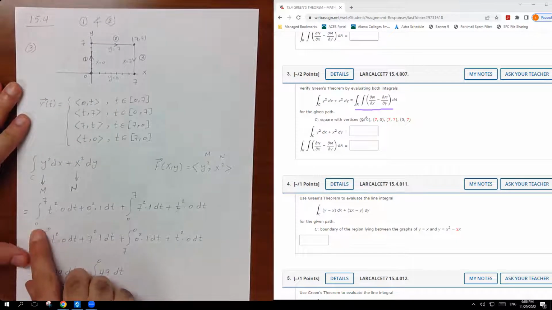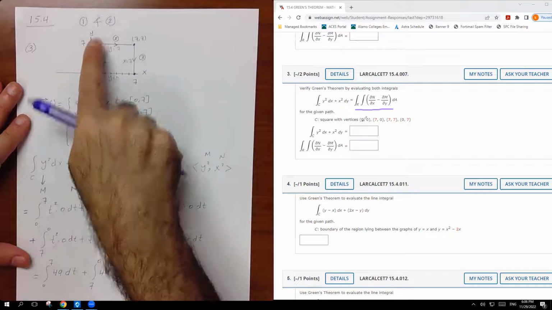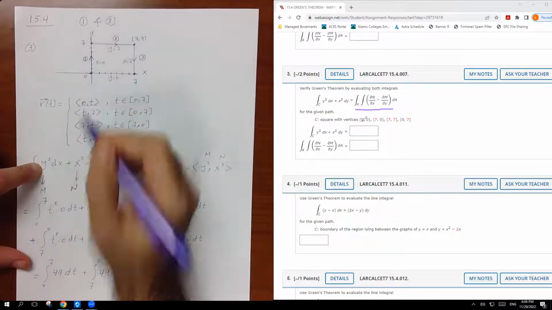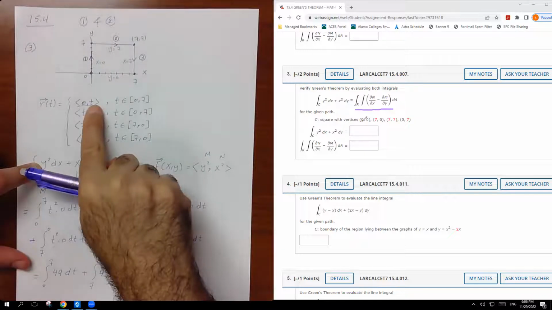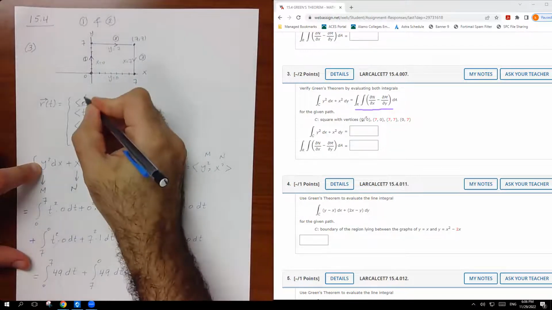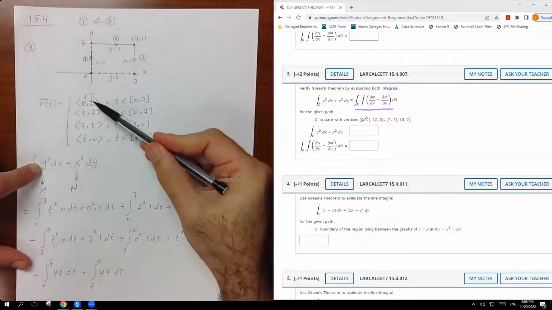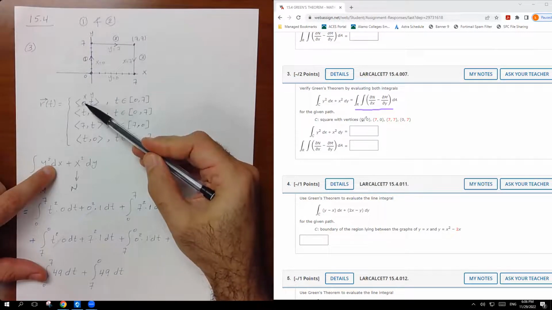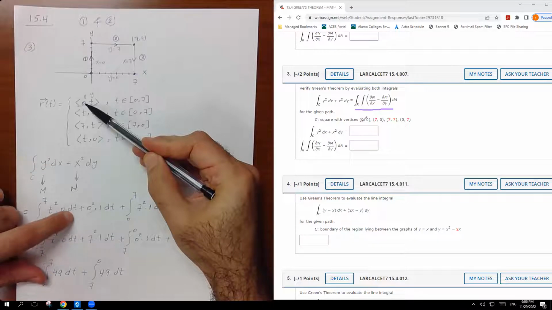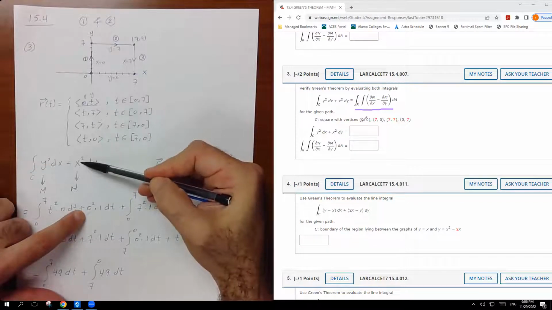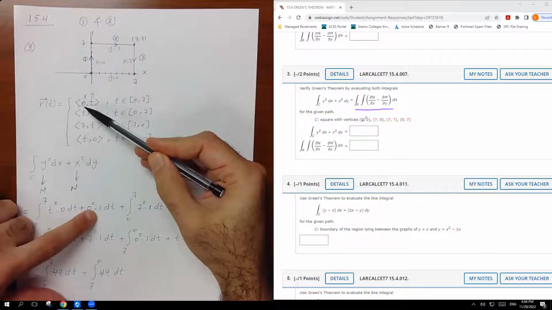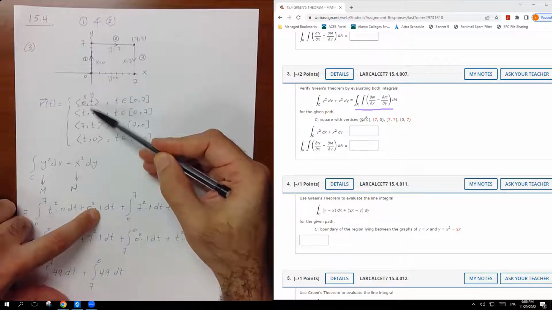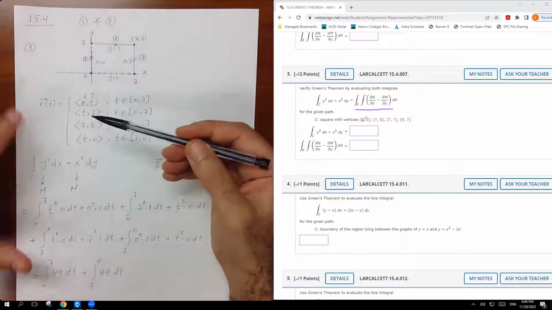The integral from 0 to 7, which is the first one: y squared is going to be t squared, dx, the derivative of x is 0 dt, plus x squared, which is 0 times the derivative of y, which is 1, so dy is 1 dt.